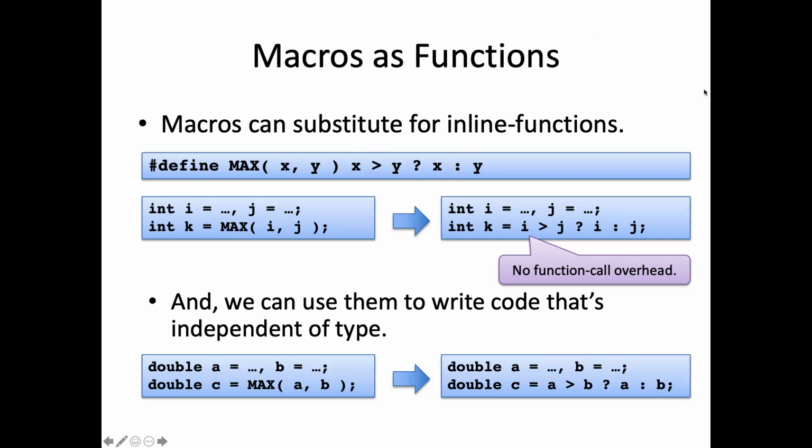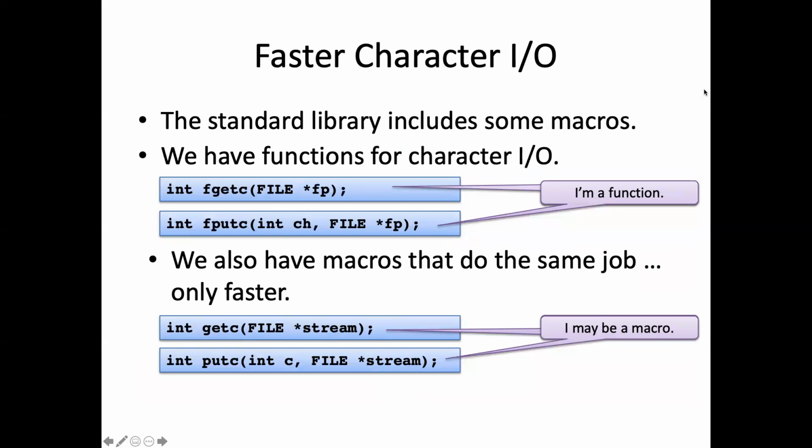Some functions that we've already seen were secretly macros, or actually, let me take that back. There are functions like fgetc and fputc that are regular functions, and you know them. They're for reading individual characters or writing individual characters to a file.